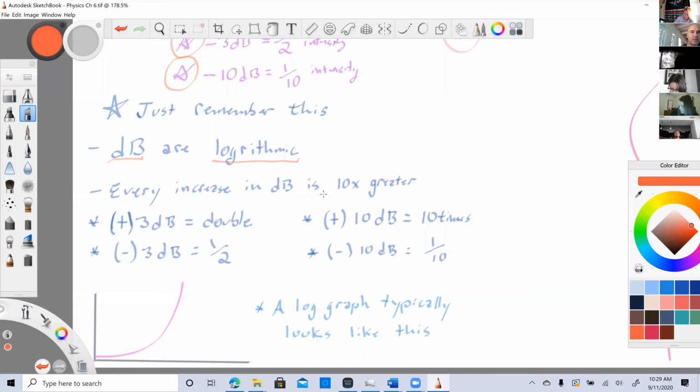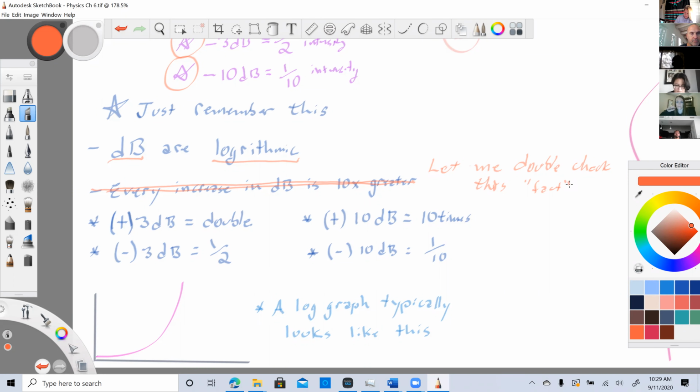Every increase in decibels in the Richter scale is 10 times greater. You know what? Okay, let me double check that fact.